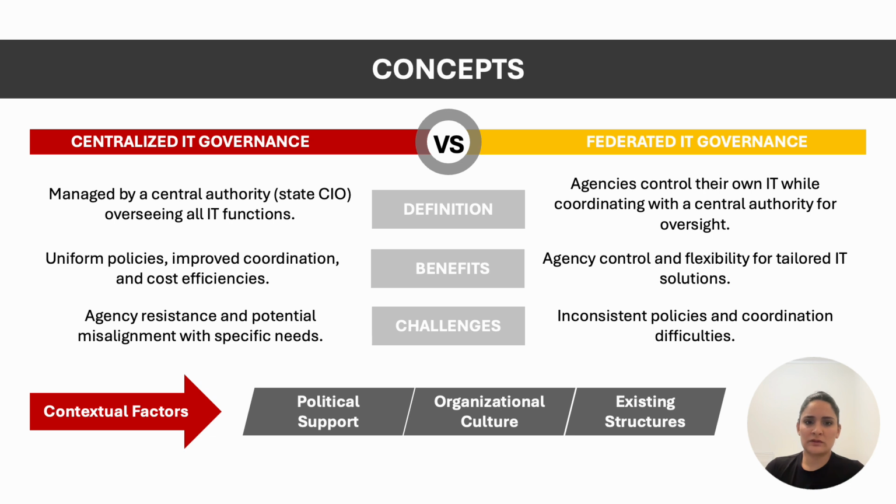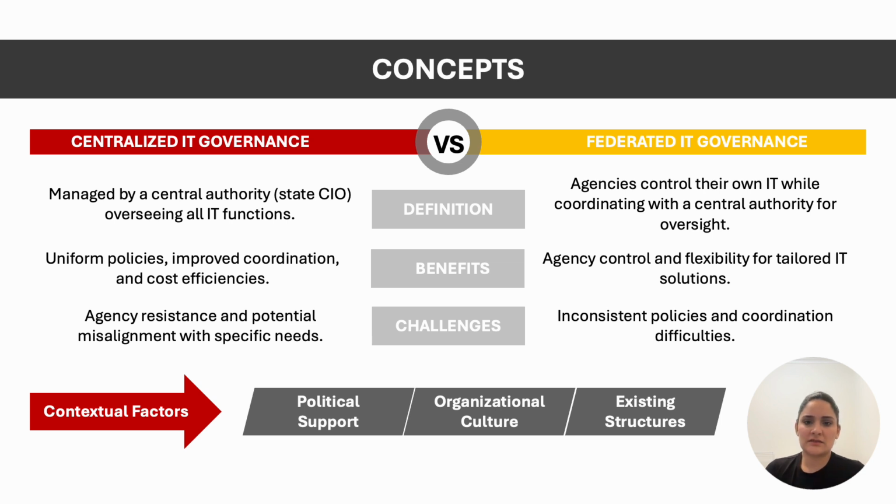There are also some contextual factors that affect how successful these models can be. Political support is crucial. Strong backing from political leaders can give IT governance more power and resources. Then there is organizational culture. If the culture within a state government resists change, it can make implementing new models difficult.